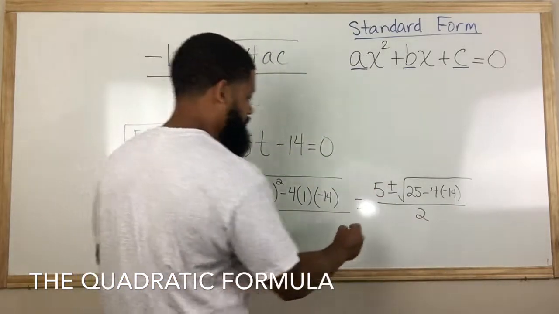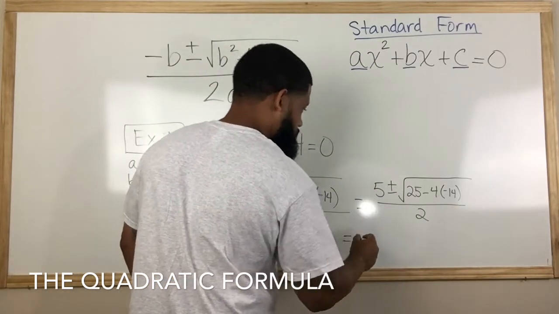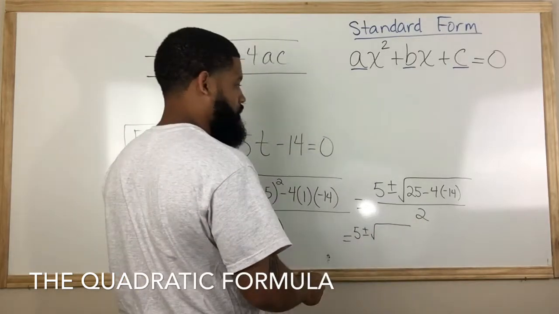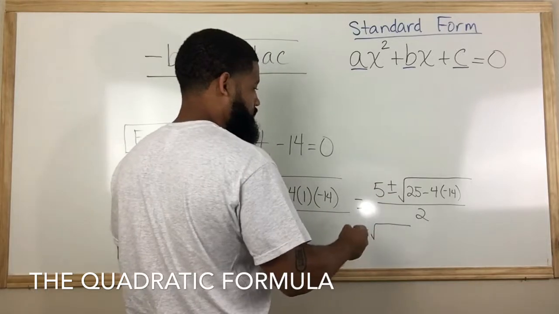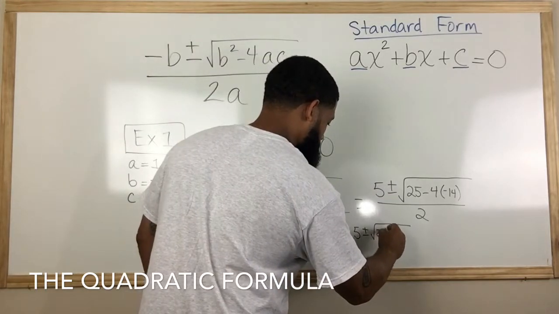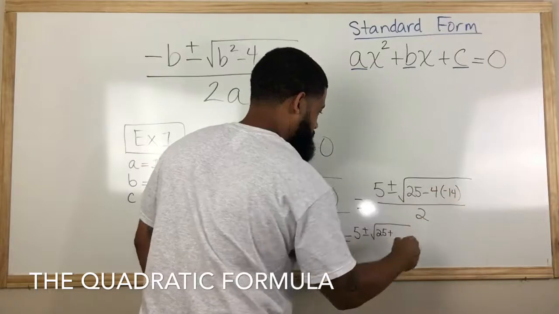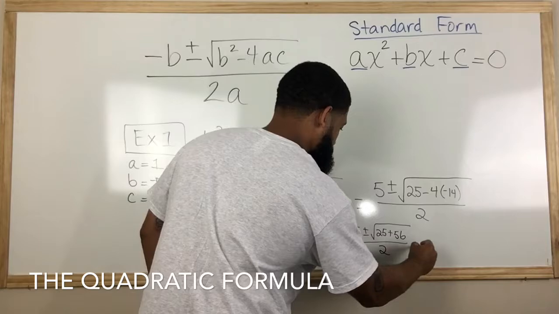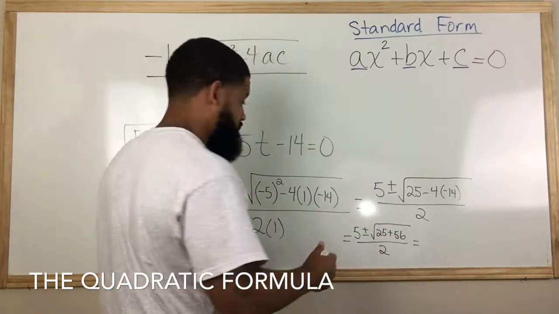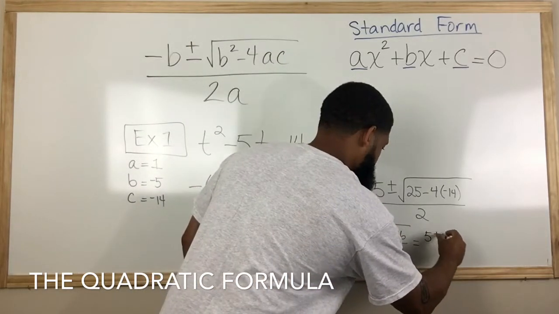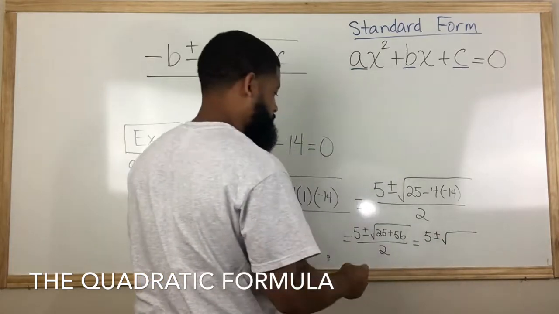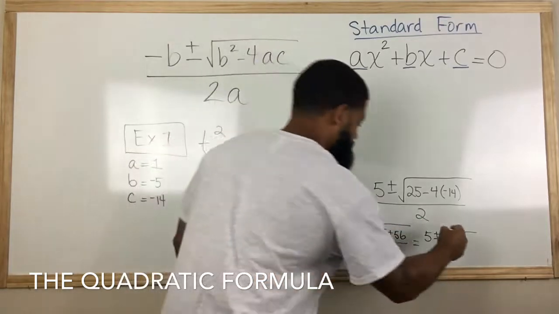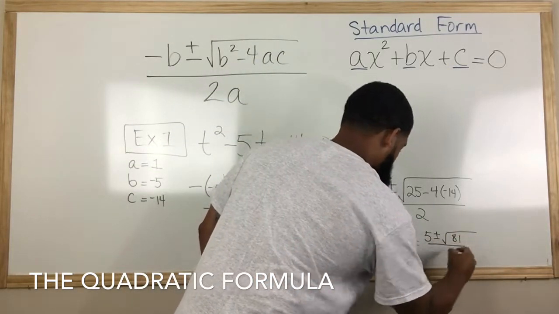All right, now, when we get down here, we're going to go from there to here. We're simply going to say 5 plus or minus the square root of 25 plus, because if I have minus a negative, that's plus 56, and that's all over 2, which then finally simplifies to 5 plus or minus the square root of 50 plus 25 is 75, so 81 over 2.